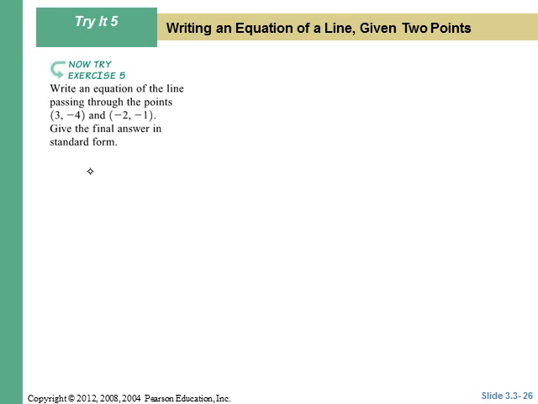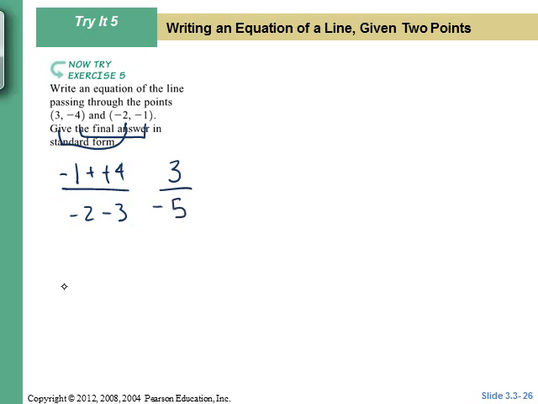First off, we're going to get the slope, change in y, negative 1 minus negative 4 over change in x, negative 2 minus 3. This is the same as plus, so the numerator is going to be 3 over negative 5. So our standard form would be 3x plus 5y equals c.